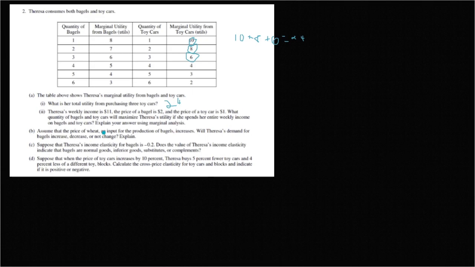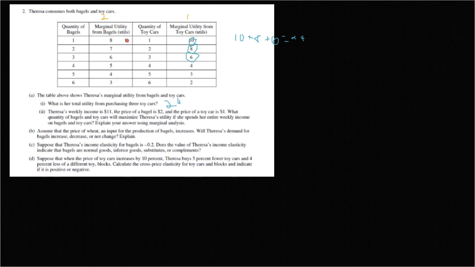Let's see here. The weekly income is 11 and the price of a bagel is 2. So I'm just going to write 2. And the price of a toy car is 1. Okay, so let's figure out basically the utility per dollar.